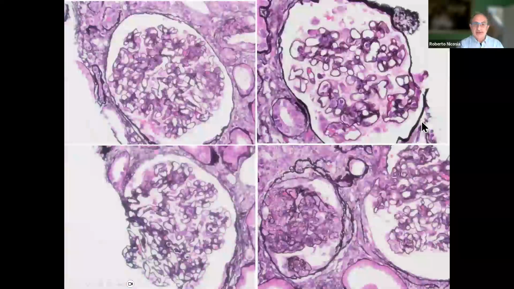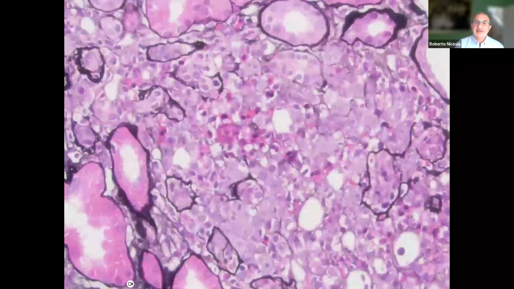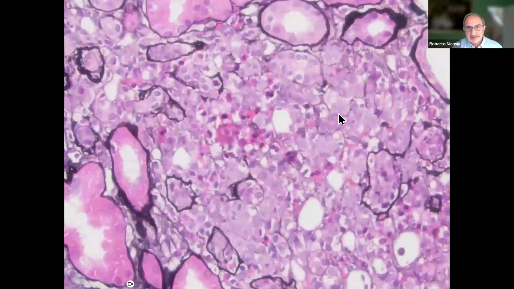But let's look at the interstitial cellular infiltrates, which were the highlight of this biopsy. As you can see, these infiltrates are pleomorphic, and there are some peculiar looking cells. Some of the cells, like this cluster here, for example, have fairly prominent, large, round nuclei with very fine chromatin and prominent nucleoli.